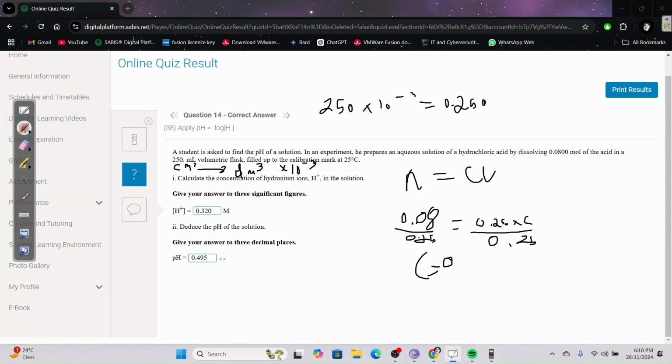So 0.320 molar. Now deduce the pH. This is the concentration. And so now you apply the pH equals negative log base 10, or just log on a calculator, the concentration of hydrogen ions.